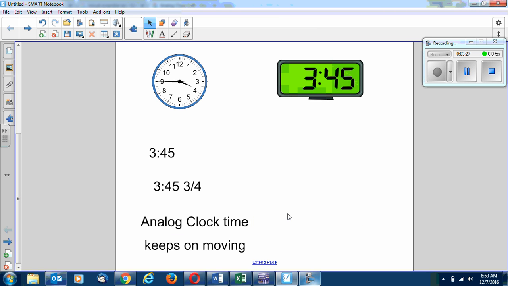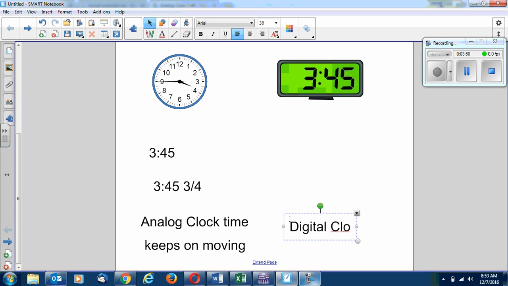And in a digital clock, at exactly 3:45, the time freezes and stops until it's time to show 3:46, and so on. So every single second, it acquires the value, and then it freezes for that second at that value, and then it keeps on moving. All right.